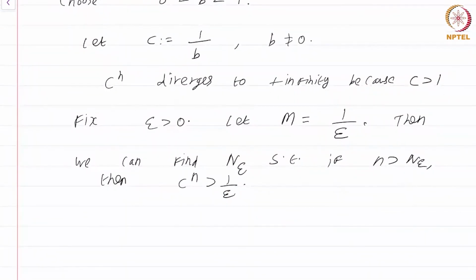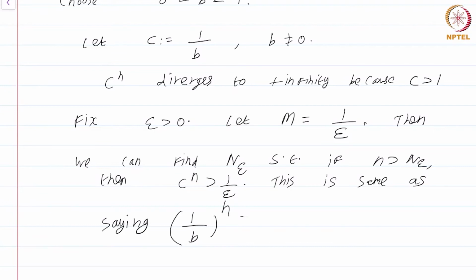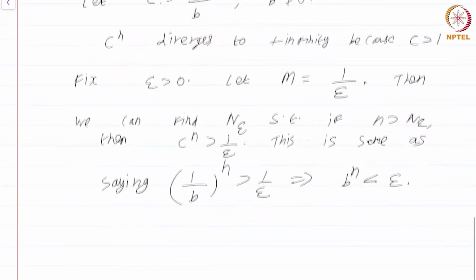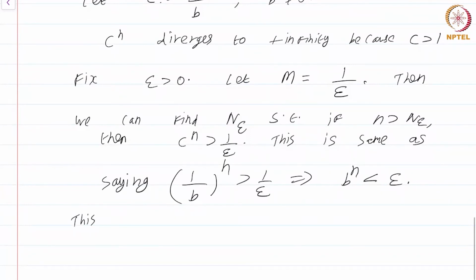But this is the same as saying 1 by b power n is greater than 1 by epsilon, which is the same as saying b power n is less than epsilon. So this shows b power n converges to 0.